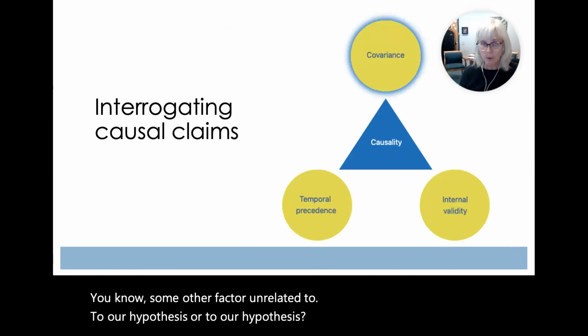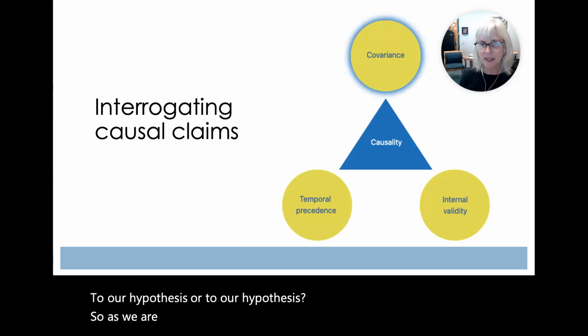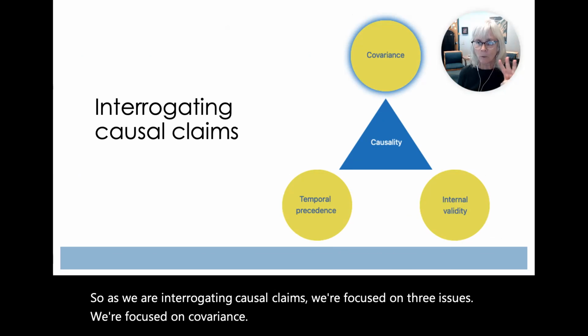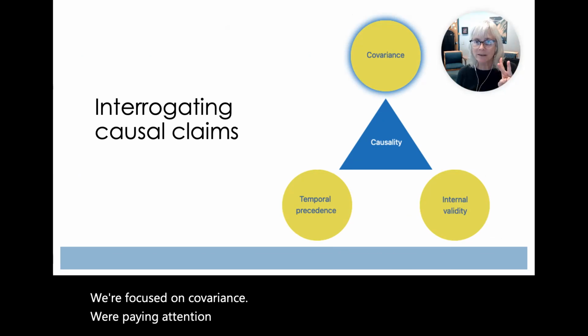So as we are interrogating causal claims, we're focused on three issues. We're focused on covariance. We're paying attention to temporal precedence, and finally to internal validity.